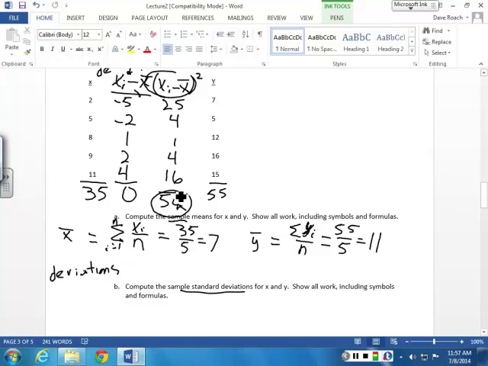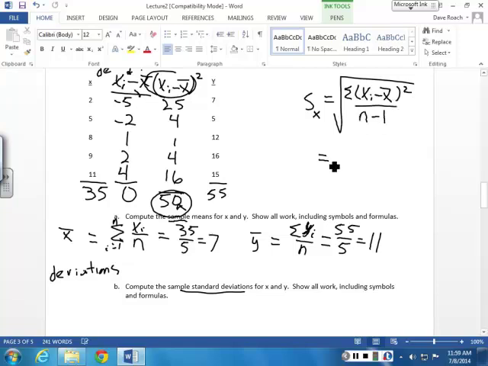So I have deviations in this one, squared deviations, and the sum of squared deviations. So the formula for this is going to be S, or the S of the x's, the sample standard deviation for the x's. So if you're just computing one standard deviation in a problem, you'll see sometimes you just leave the x off. Okay? There are some advantages to putting it on there, though. So it's equal to the square root of the sum of the x sub i minus x bar squared divided by n minus 1.